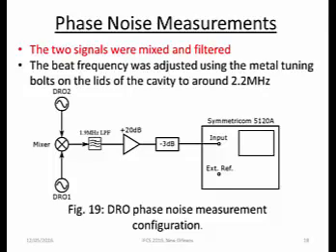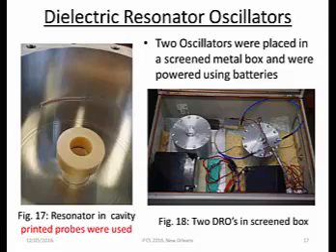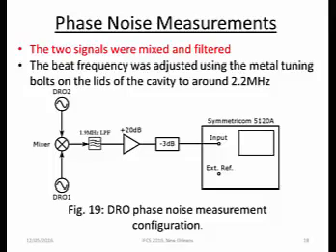Now, when measuring these oscillators, we couldn't just plug them straight into this Symmetricom system because the frequency is too high. The Symmetricom only measures up to 30 megahertz. And so what we had to do is we tuned the oscillation frequency of both oscillators so that they're spaced by about 2.2 megahertz. The tuning is achieved by these tuning screws on the lids of the cavities.